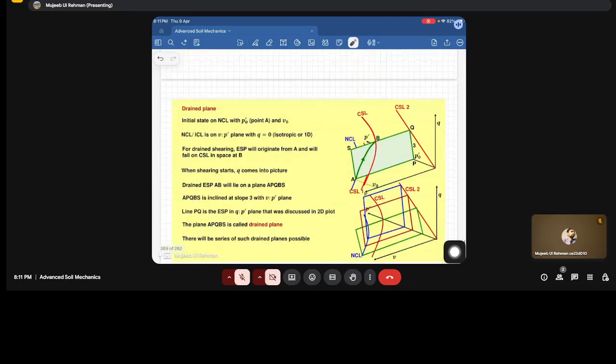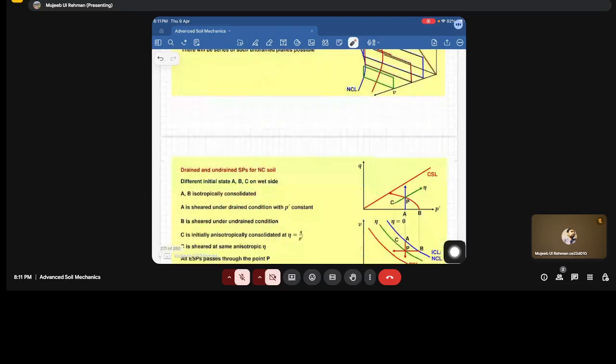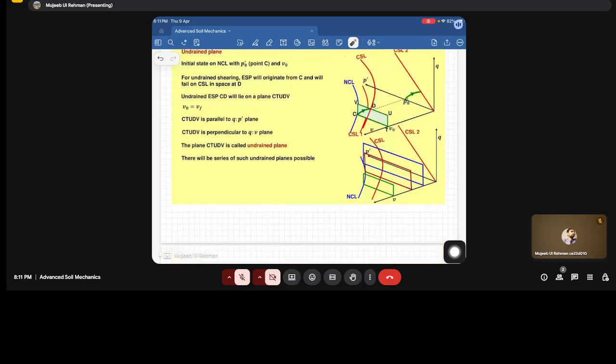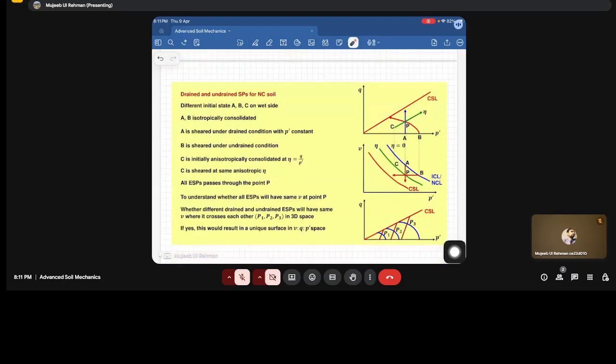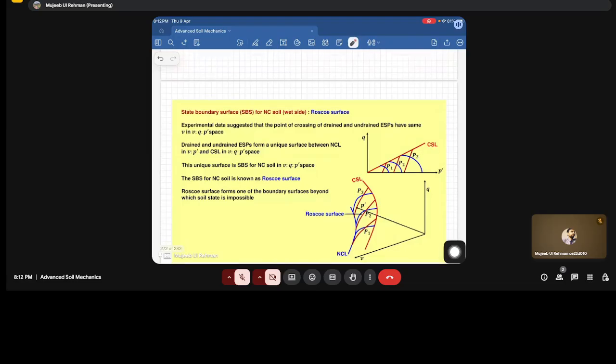We have the drained plane, and after that we have the undrained plane. We determine how the critical state is reached by the soil in both drained and undrained paths. Then we determine whether different drained and undrained ESPs will have a similar specific volume where they cross each other, to determine the bound on the wet side of the CSL. So that surface is called the Roscoe surface.